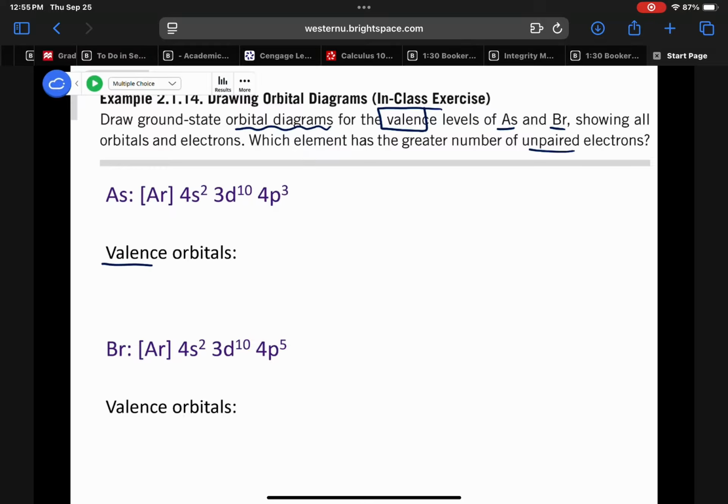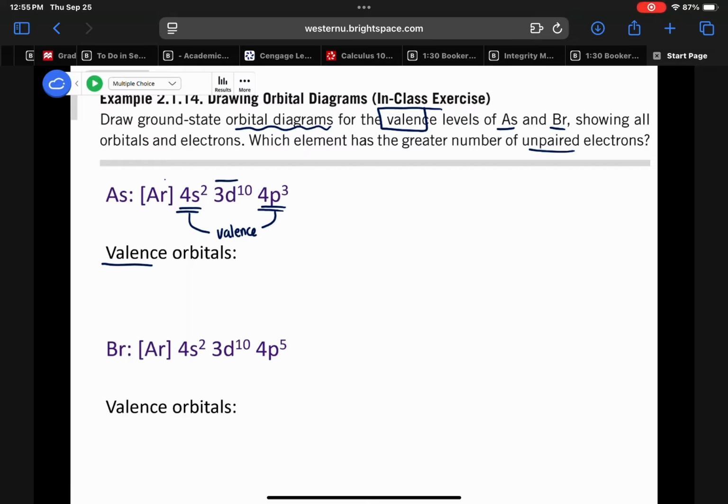So we have valence electrons and we have core electrons. We need to remember that definition from last class. For the main group elements, electrons with the highest principal quantum number are our valence electrons. So the s and the p electrons are our valence.